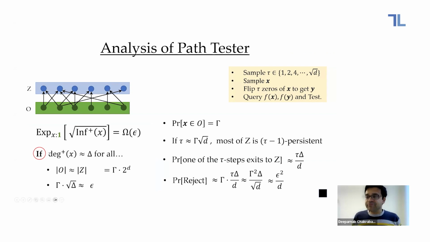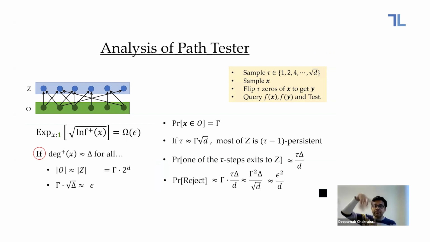But of course, this is a big if, right? Why should these degrees all be delta? They can be, as I just said, on various ranges, 1, 2, 4, 8. So what KMS, quote Minzer-Safra, do is they say, well, look, I don't need all of O and Z to be well behaved.